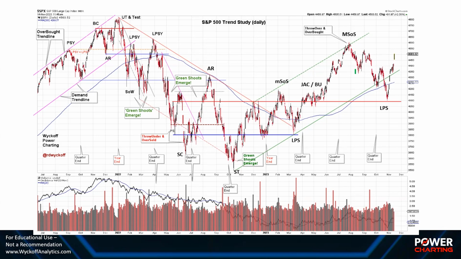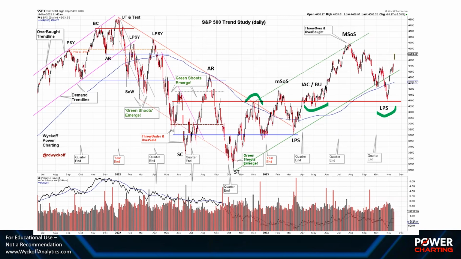you can see the deep throw under of the channel, which went right to critical support. And this is a support line that we drew a long time ago. And this support, well, this is resistance actually. This resistance line here becomes support here and pulls all the way back and kisses it from above and touches it and reverses sharply off of that.